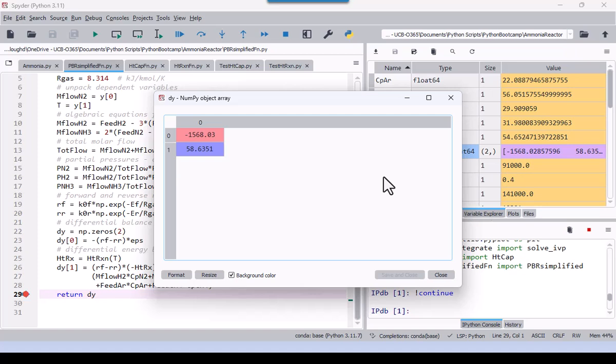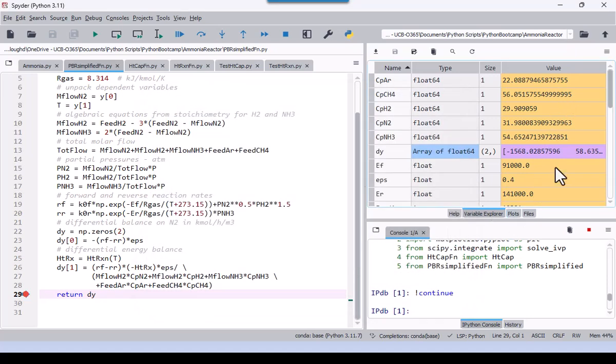It shows it being consumed, and that would be kmoles per second per meter cubed, and then it shows the temperature increasing at a rate of 58.6 kelvins or Celsius. So we can examine these things and make sure that they make sense, and go back and make corrections. And you can put breakpoints elsewhere too.